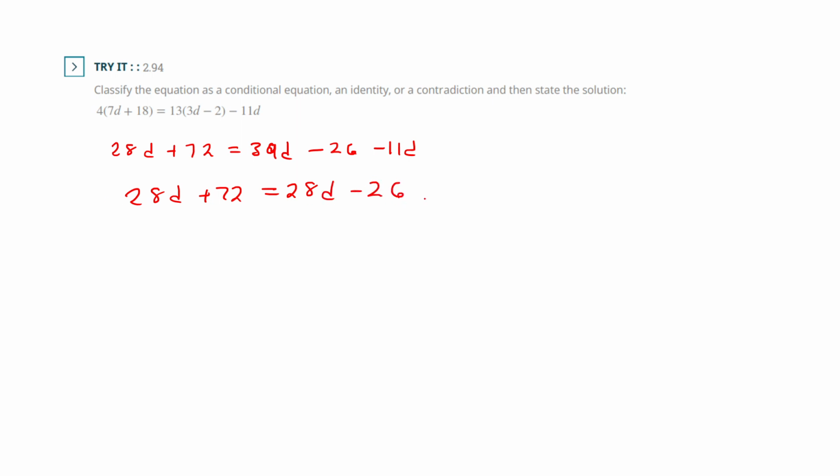Okay, the rooms are clean. I've got d's in both rooms, so I'm going to get them back together. And I'm left with 72 equals negative 26. That is not true. That is a contradiction. But more importantly, what it means is there is no solution for d that will solve this equation.